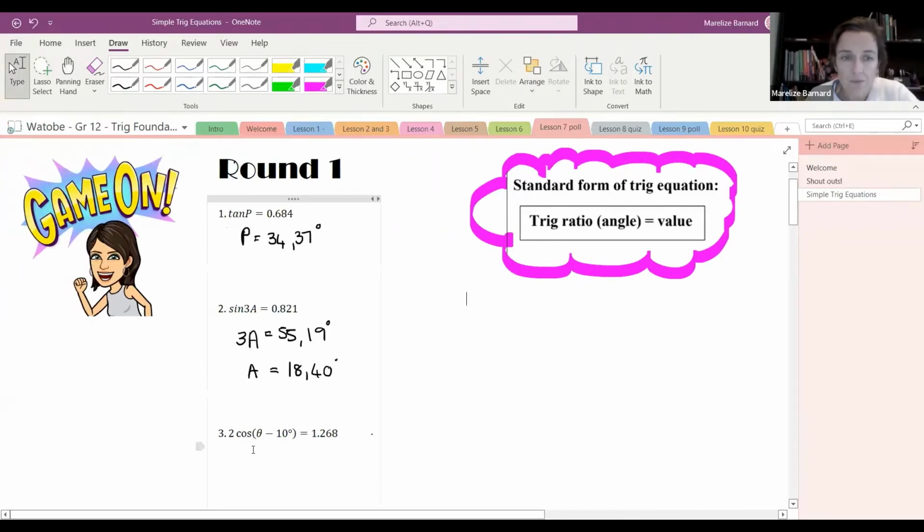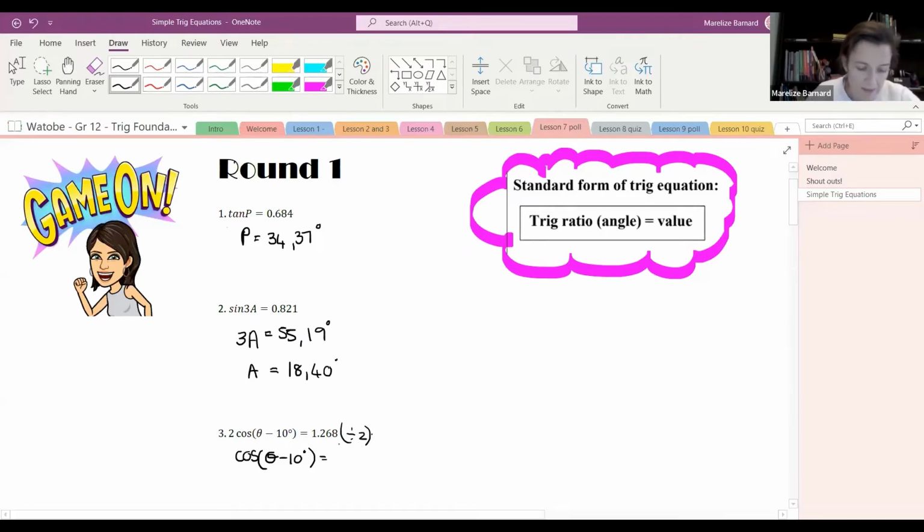So we have to start here by dividing by 2. That gives me cos theta minus 10 degrees. And we divide the 1.268 by 2. And that gives me 0.634.